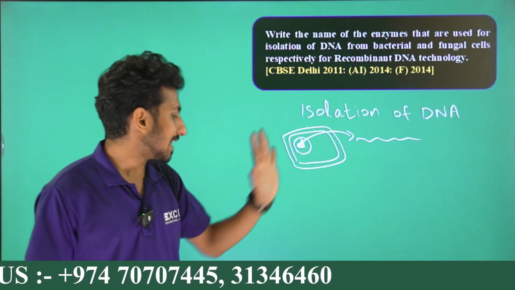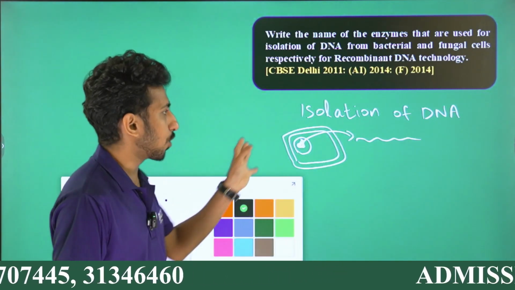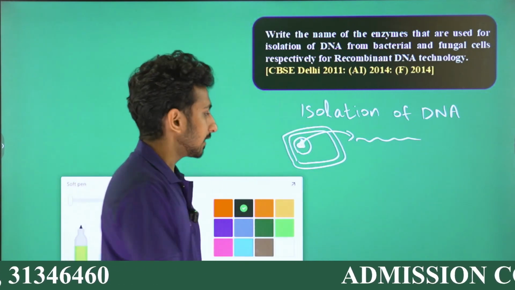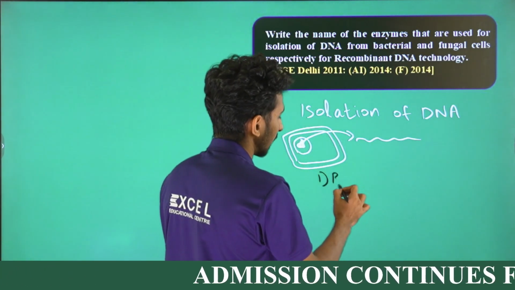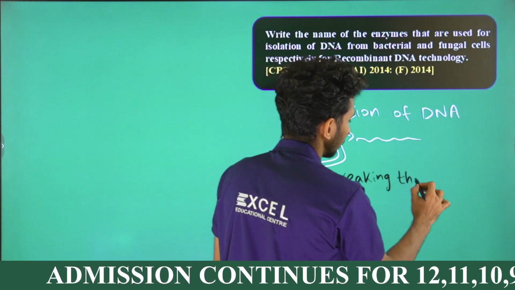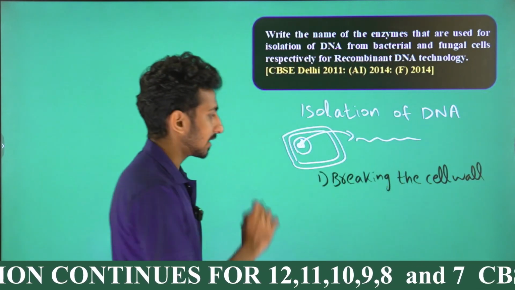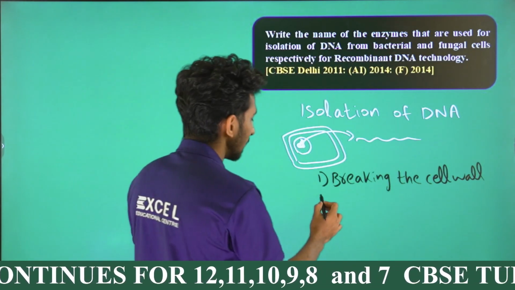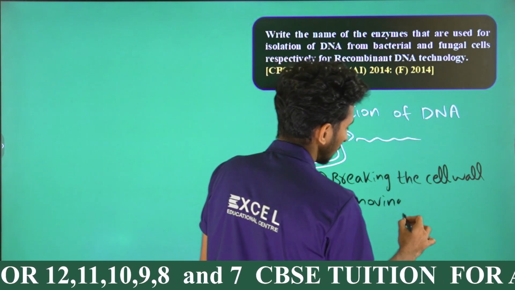For isolation of DNA, we have to do many things. See, the first step of isolation of DNA is breaking the cell wall. Second step, we have to remove the impurities.